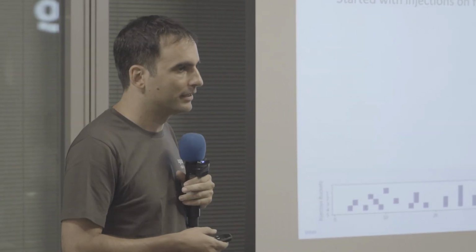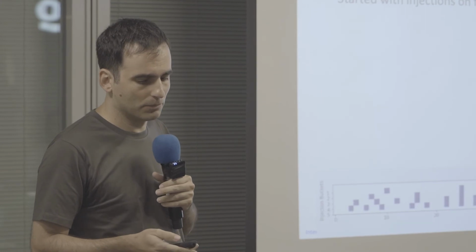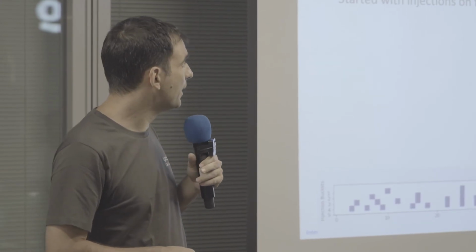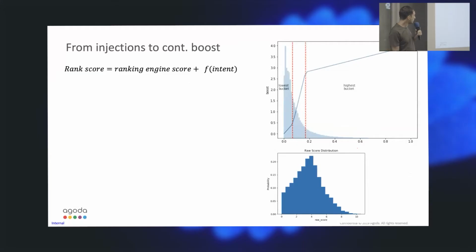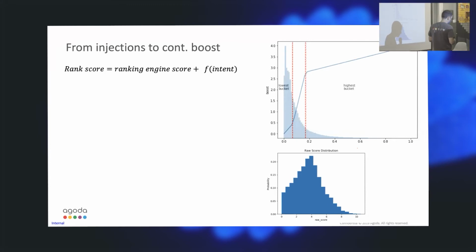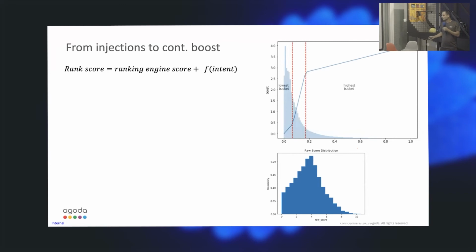and started to complicate and think how to optimize it. But then eventually we switched, and we started giving a more continuous boost. So instead of just using fixed injection slots, what we did is take the initial ranking score, which is distributed something like this, maybe log normal, and just add a bonus according to the intent.